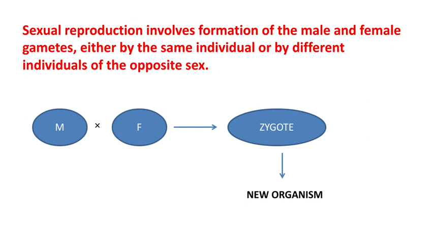In human beings, we all know that the male gamete is produced by males and the female gamete is produced by females. So two opposite sexes make different gametes.